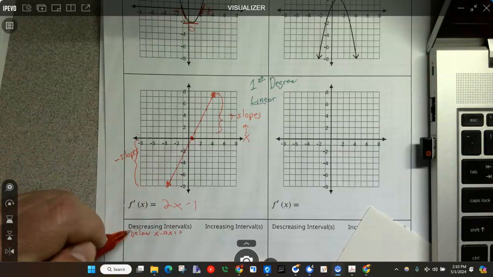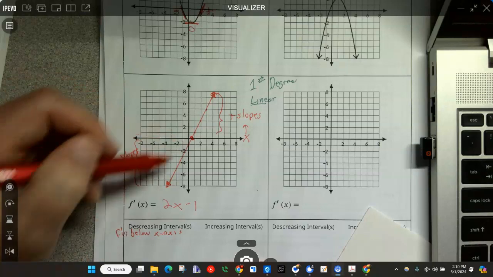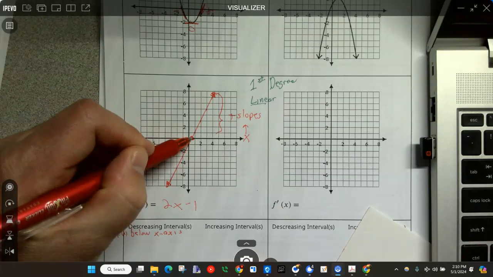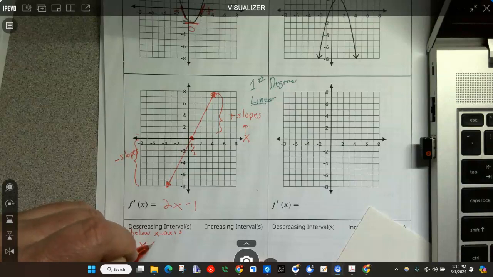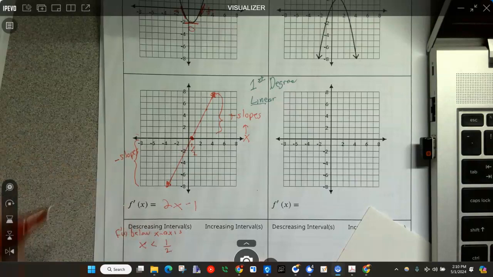Where is it below the x-axis? I'd say f prime is below the x-axis. So that would be starting here. Let's say that's 1/2 right there. So anything below 1/2, it's decreasing.